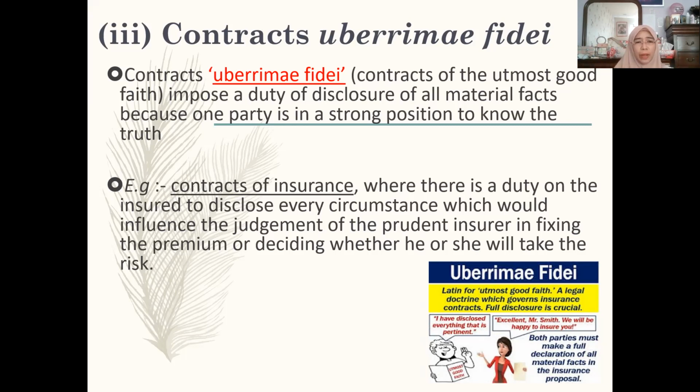Must disclose everything. Cannot withhold the facts here. In fixing the premium, because it will affect the premium. The higher the risk, the more expensive the premium. And sometimes the insurance company will say, we are not going to cover you, we are not going to give protection to you because of your current medical health, for example, in deciding whether he or she will take the risk.